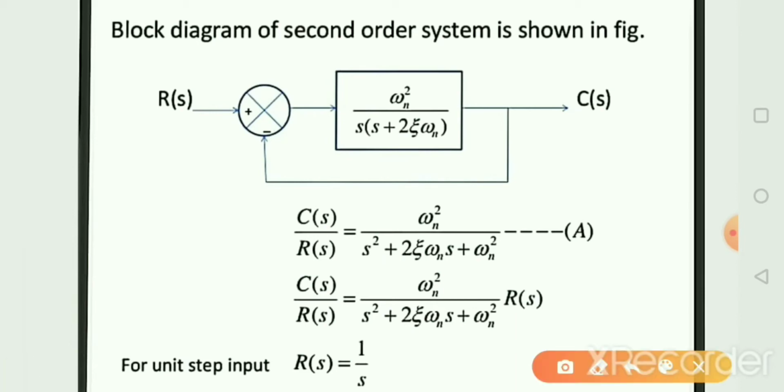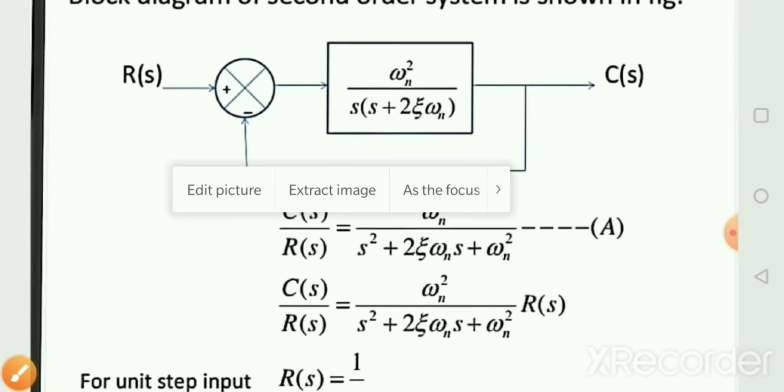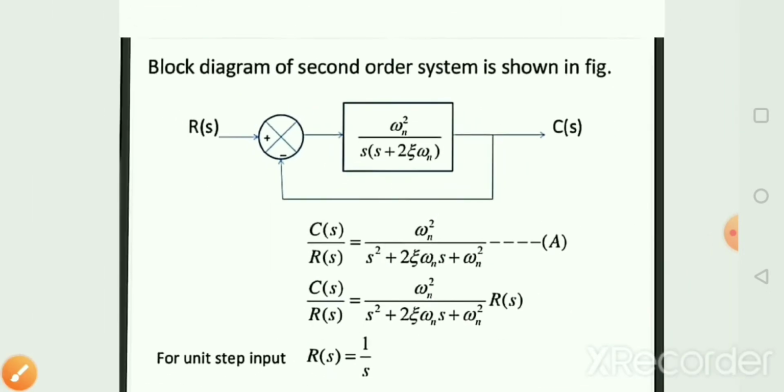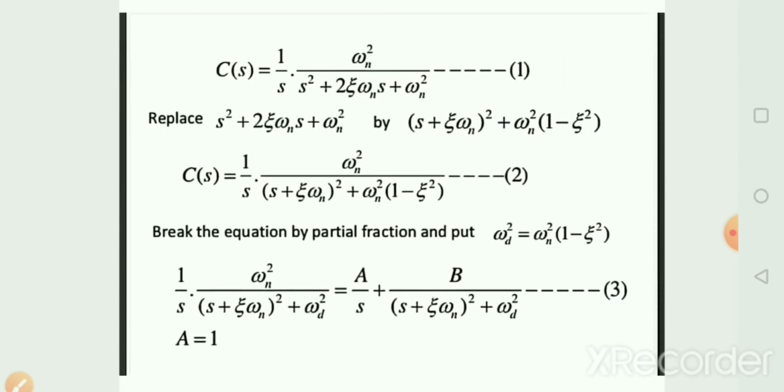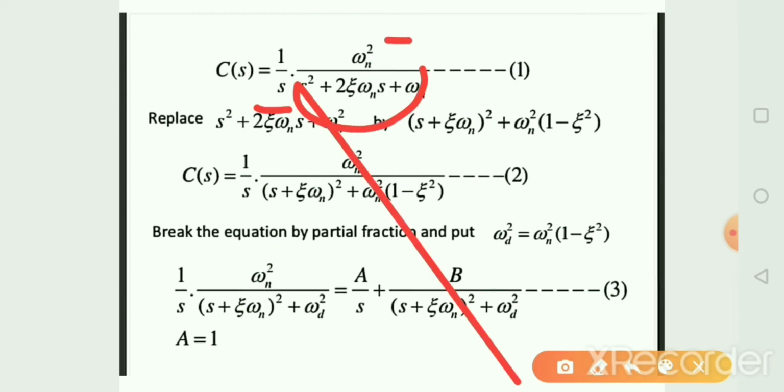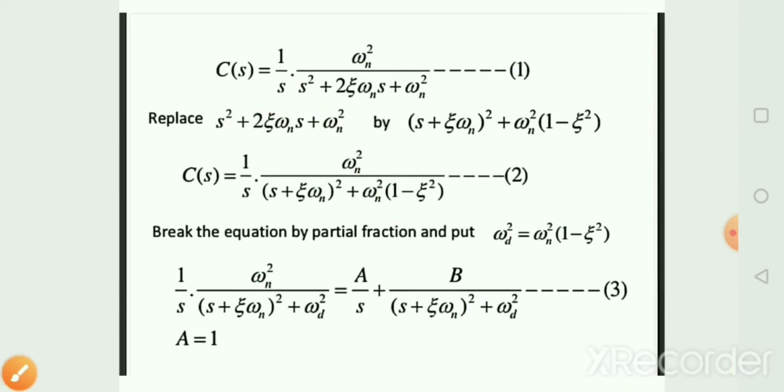Now we put the value of R(s) in this equation: 1 over s, and this is the transfer function, so the value is 1 over s into omega n square over s square plus 2 zeta omega n s plus omega n square. This is equation number 1.